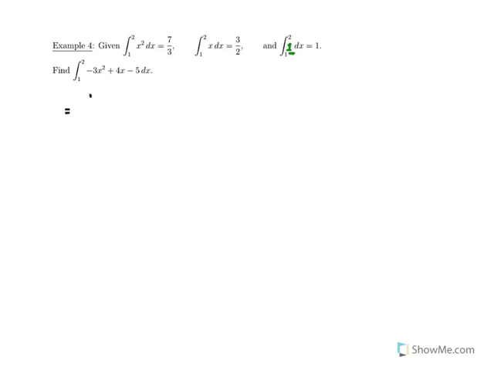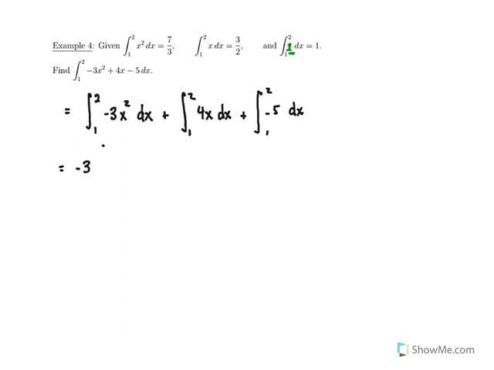This integral is going to be equal to, we can break this up over additions. This is the integral of negative 3x squared plus the integral of 4x plus the integral of negative 5, or minus that integral, and we can bring out a constant in front of all of those.